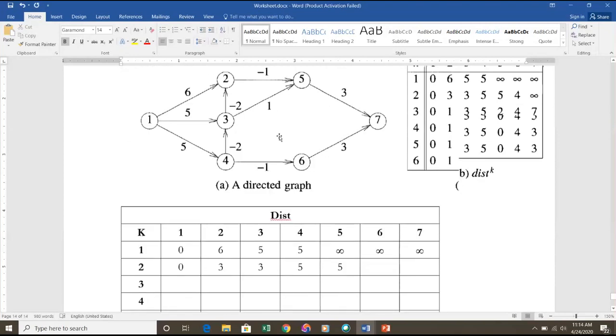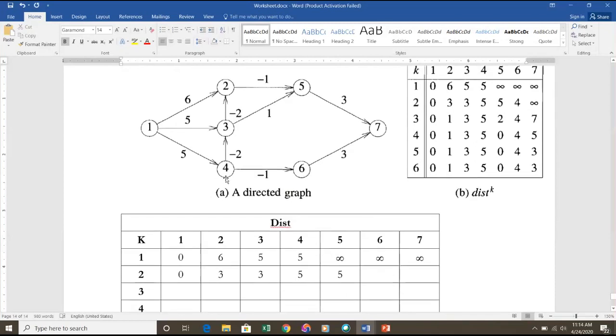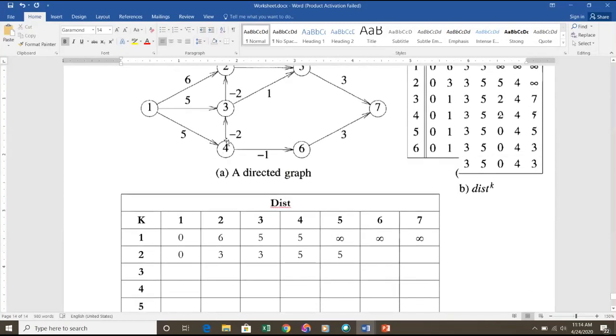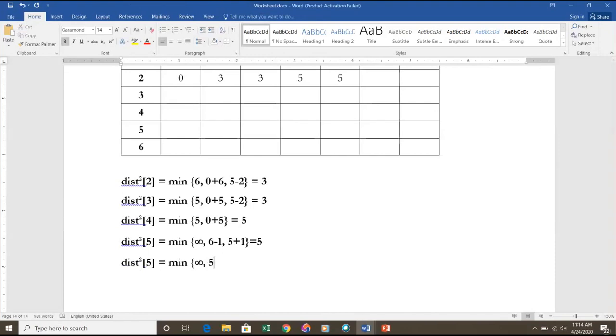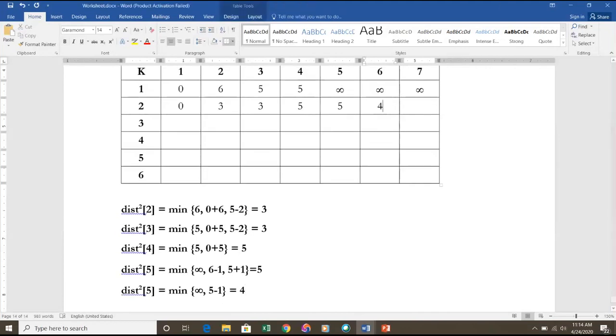There is only one, from vertex number 4. What is the distance of 4 in the previous step? It is 5. So 5 minus 1 is equal to 4. Write 4 here. So last one, 7.